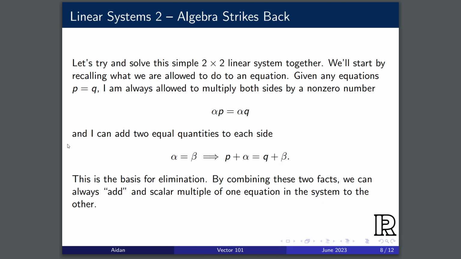And I also can add things that are equal to both sides. So if I have p equals q and I have that alpha equals beta, I can add alpha on one side and add beta on the other side, and this will not change the solutions to this problem. These are the two things we're going to do when we're doing elimination.